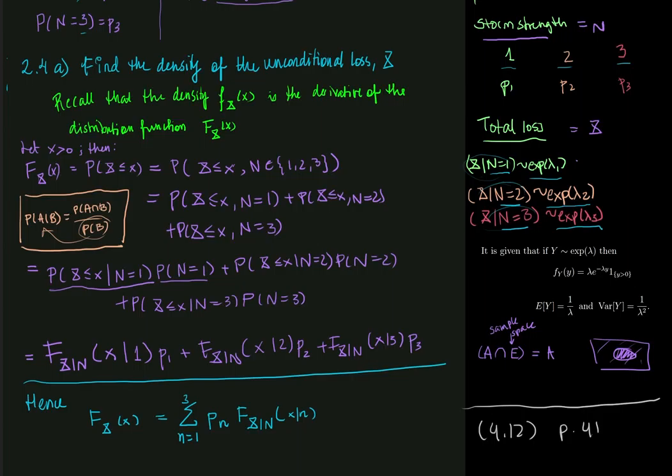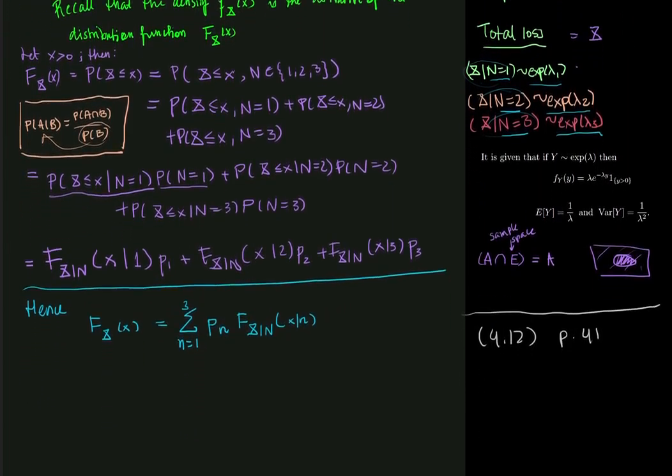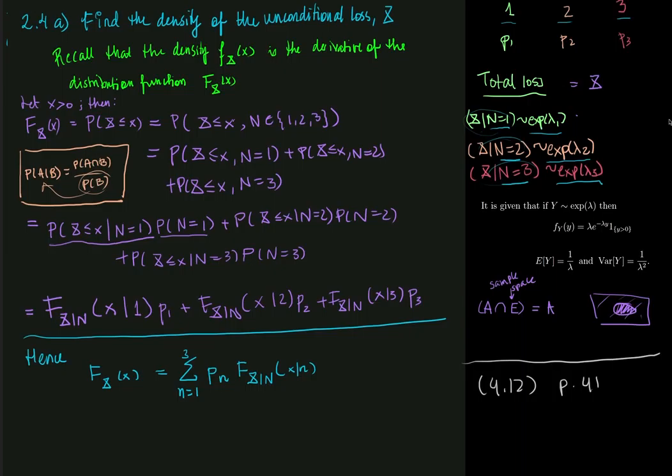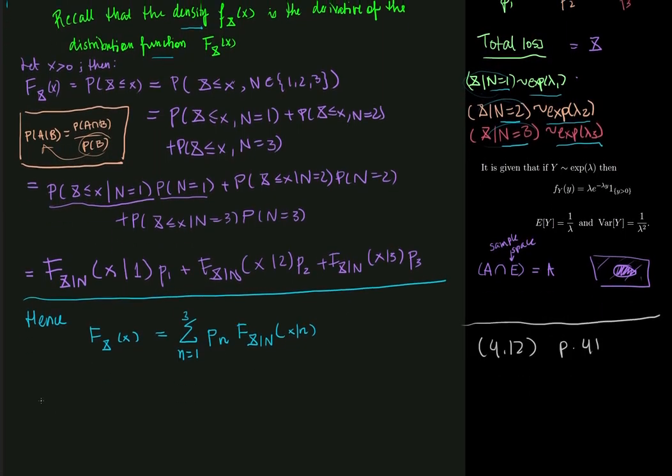So how do we find the unconditional density function of x? As we recalled before, the density is just the derivative of the distribution function. So by differentiating on both sides with respect to x, the unconditional density is equal to the derivative of the weighted sum of conditional distribution functions.